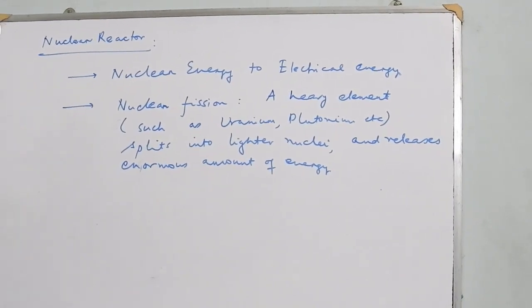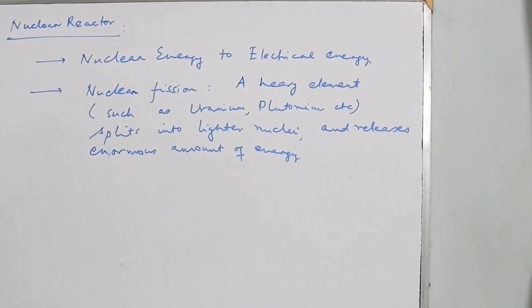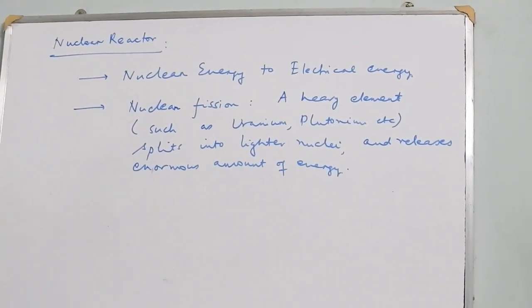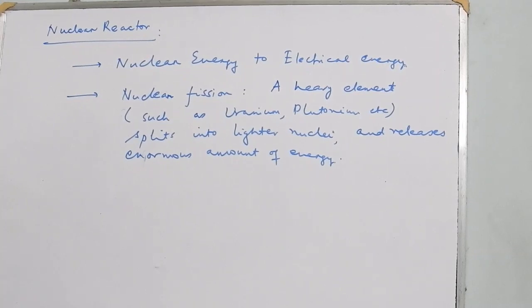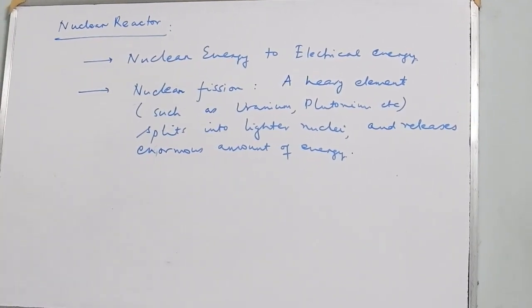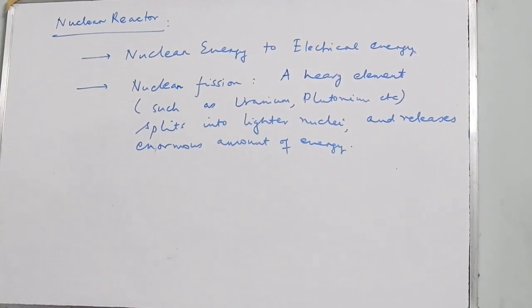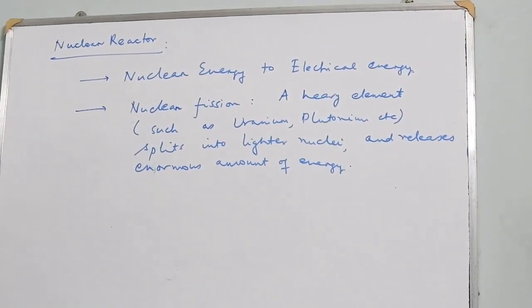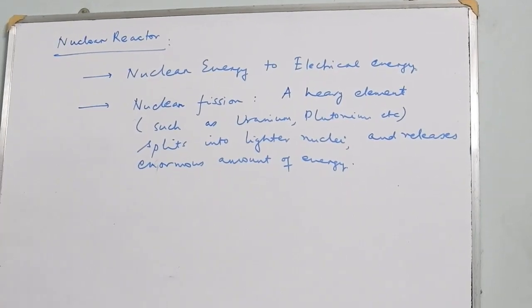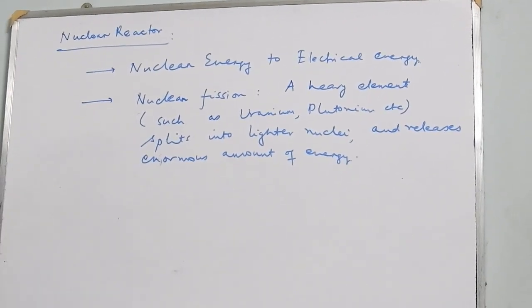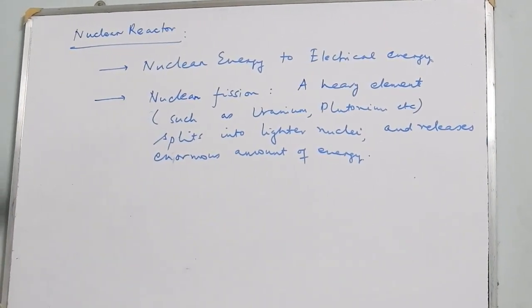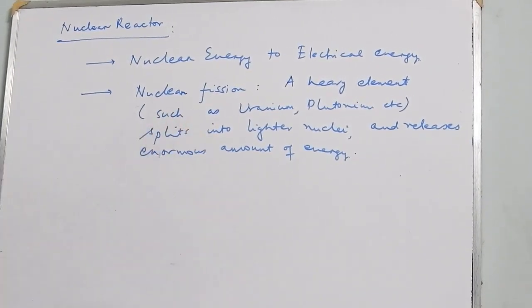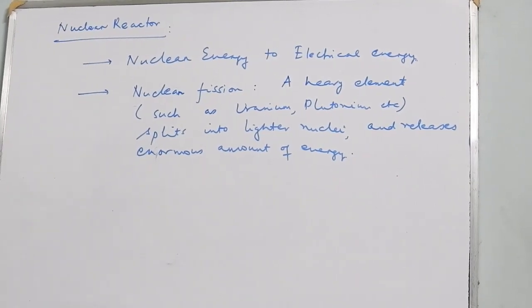So in nuclear fission, the energy that is released is quite large as compared to conventional processes of obtaining electrical energy. For example, electrical energy can be produced in a hydroelectric power plant or in a thermal power plant, but the amount of coal required to produce the energy or the amount of water stored in a dam to produce the energy is quite small as compared to the energy that nuclear fission can produce.